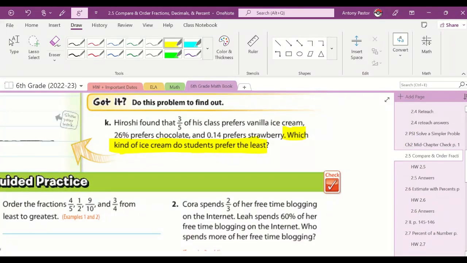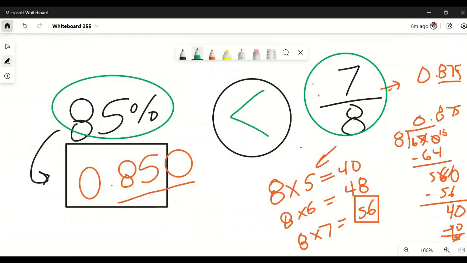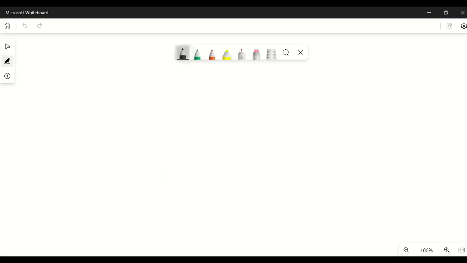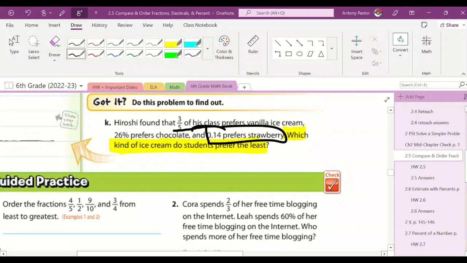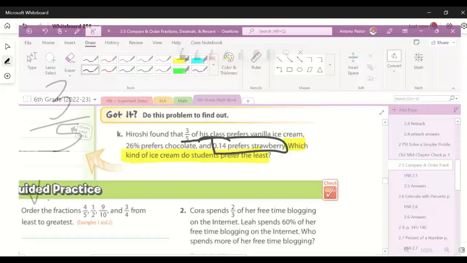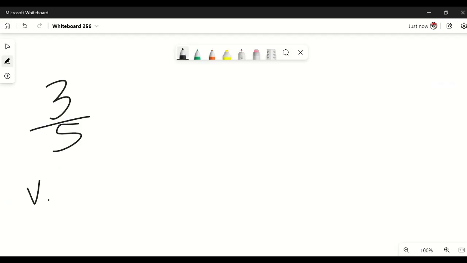Again, a lot easier to change numbers to decimals than it is to any of the other types. So the 0.14, which is strawberry, is going to stay there. 3/5 and 26%. 3/5, which represents vanilla, so I'm going to put a V underneath here for vanilla, and 26%, which is chocolate.